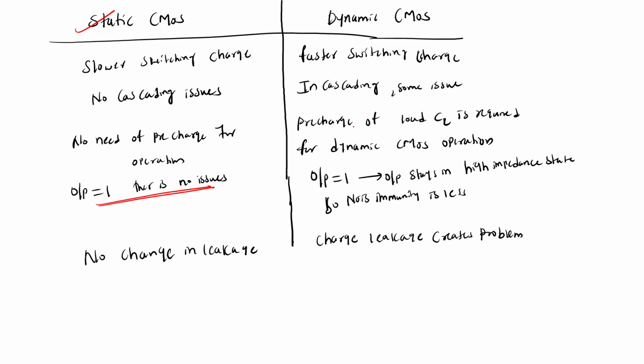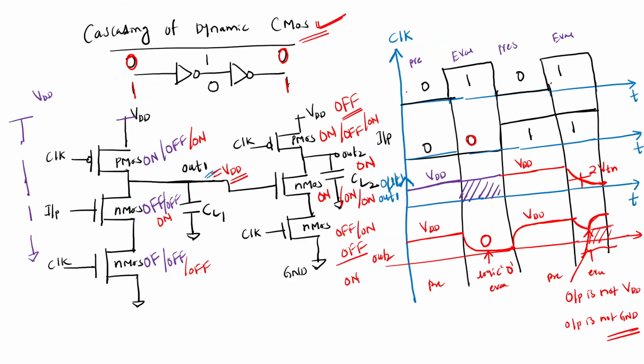For dynamic CMOS, when output is 1, the output stays in high impedance state, and it is noise immune. In the cascade also there are no cascading issues in static CMOS, but there are some issues in the cascading of dynamic CMOS. What is that issue? We already analyzed it with the timing diagram.